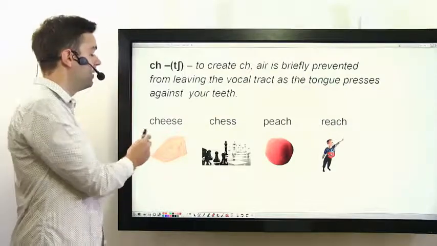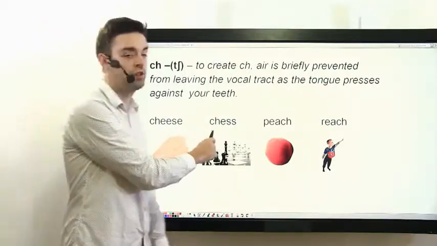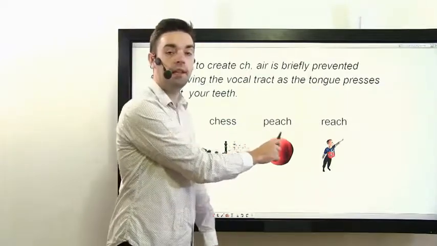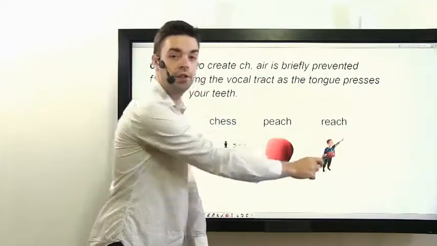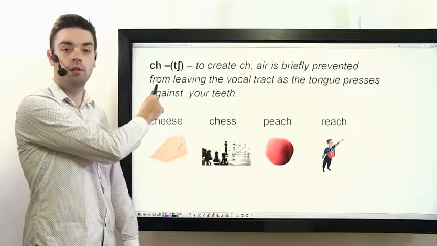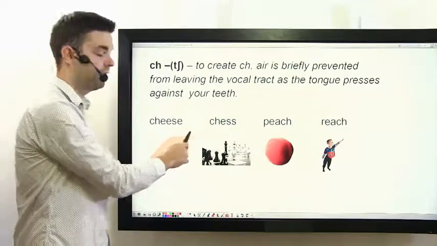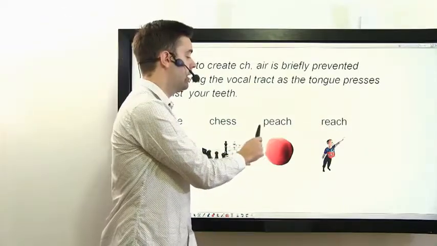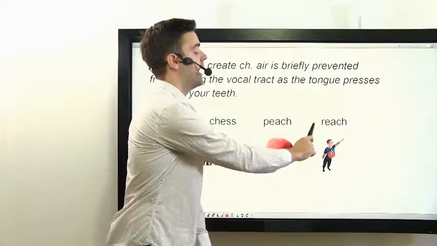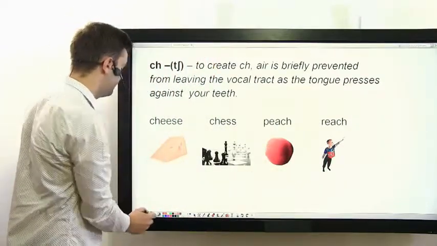Takes a bit of practice. So, cheese, chess, peach, reach.